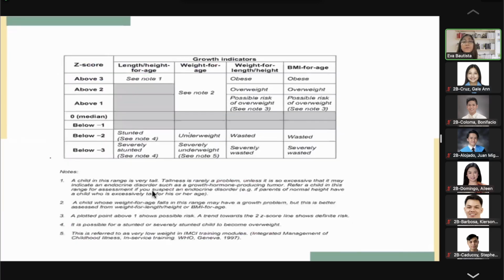And this is the interpretation of the z-scores. Whatever chart you use, here are the different charts. You see it's BMI for age, and then this is the z-score, and that's the interpretation. I hold you responsible for that.